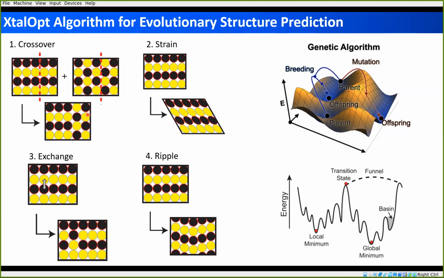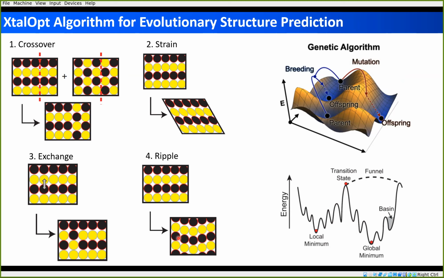And the idea of procreation, where you have 2 parents that make a child structure. Or you could take a single type of unit cell and mutate it in some way, either by straining the cell, taking 2 atoms and swapping the atoms with one another, or sending a ripple through the cell.